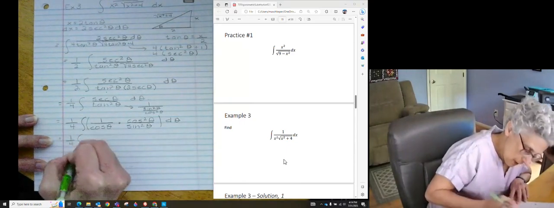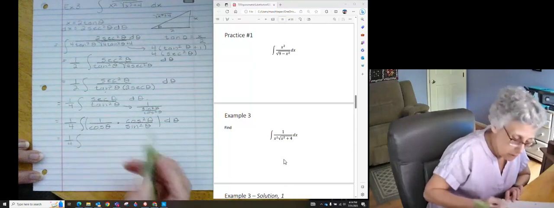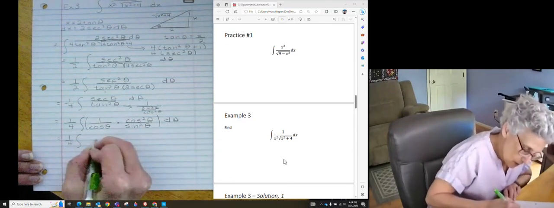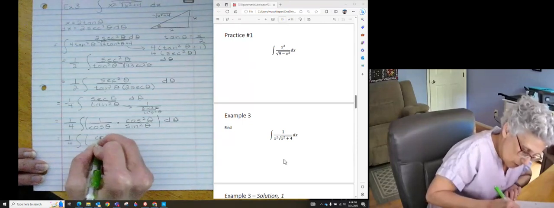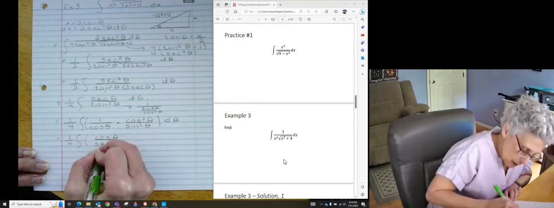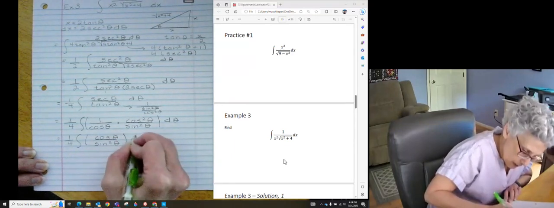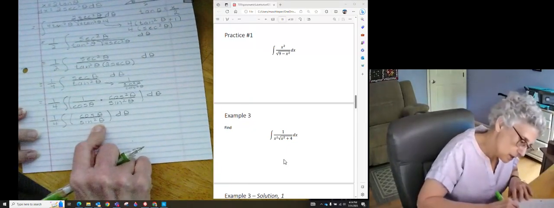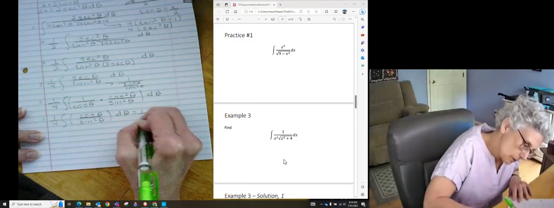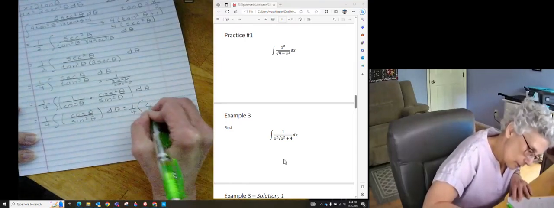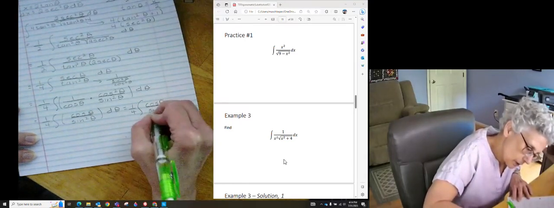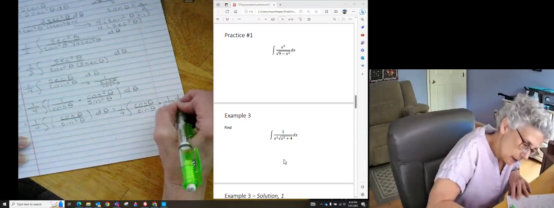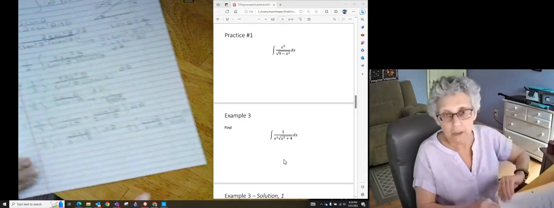So I have 1/4. I can cancel one of those cosines with one of those, and I end up with just cosine of theta living on top of sine squared of theta d theta. Well, I have sine squared down below, so this is 1/4 the integral of cosine of theta over sine theta times 1 over sine theta d theta.